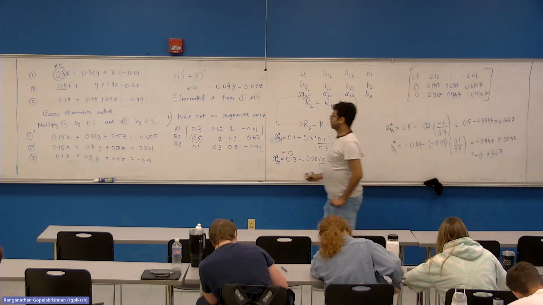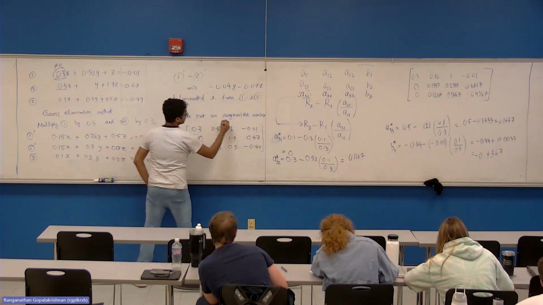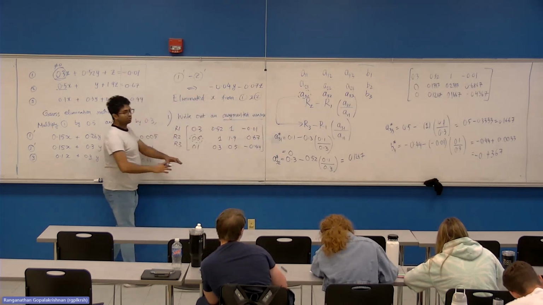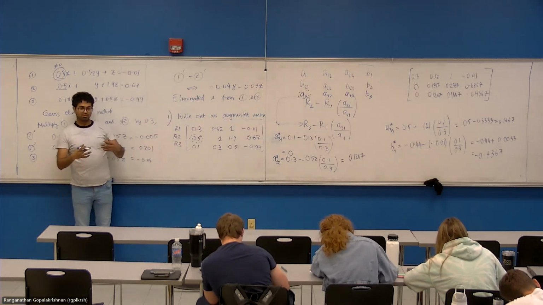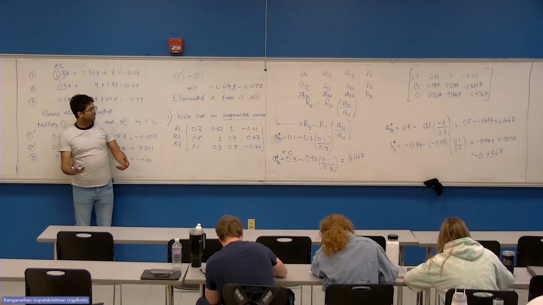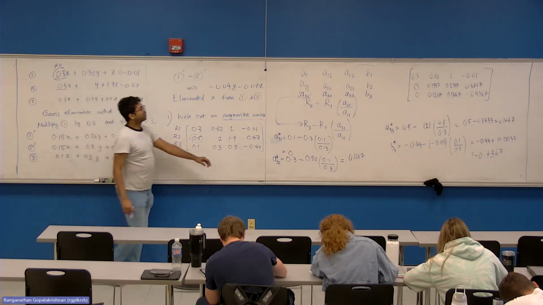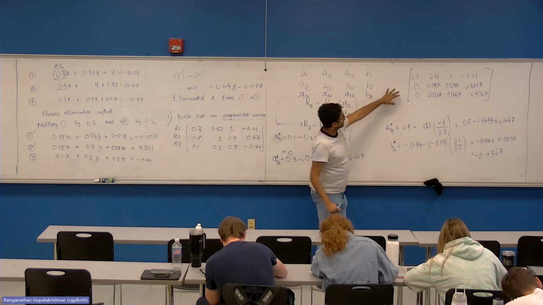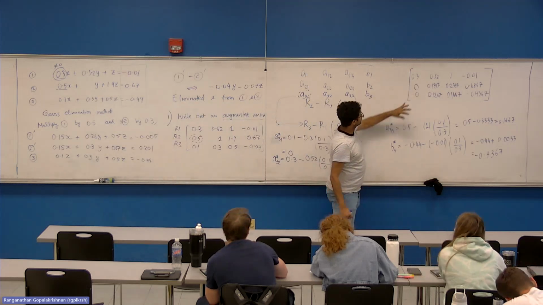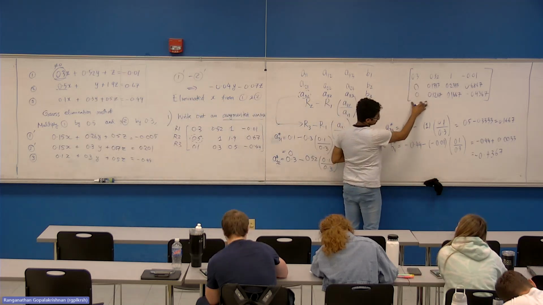All right, so here is your original augmented matrix before you started the elimination process. After one round of eliminations where you have made these two elements 0, you have this.